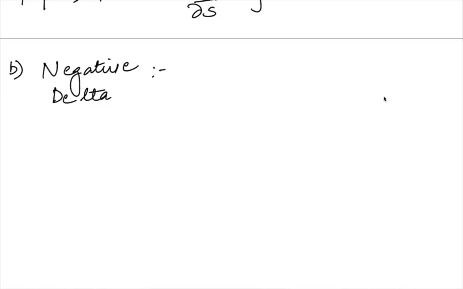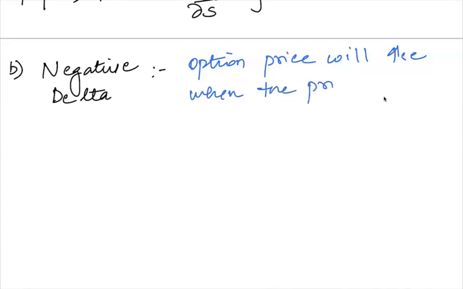So what does negative delta mean? It basically means that the option price will increase when the price of the underlying asset decreases.